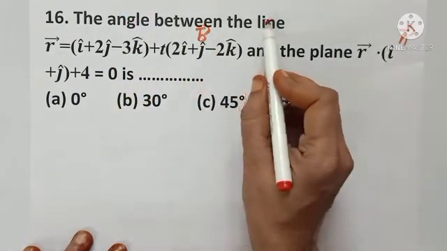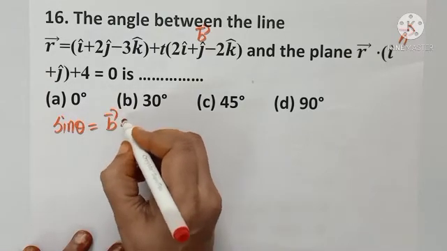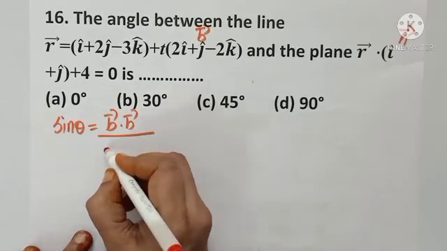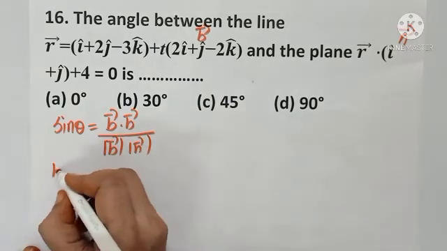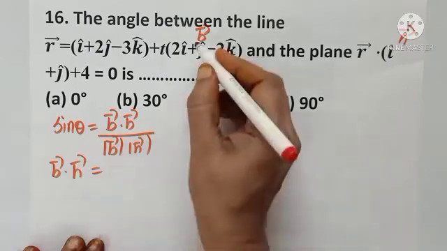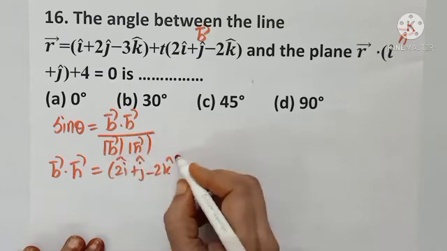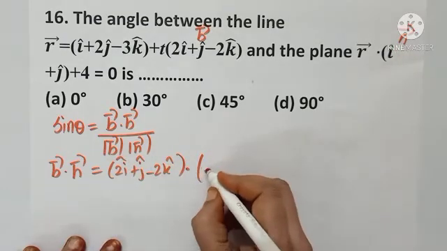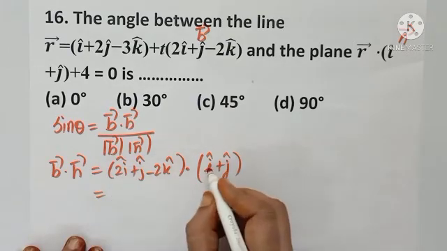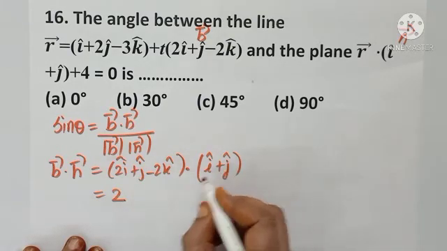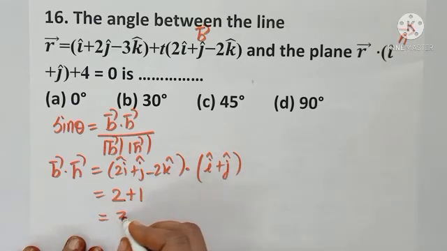Angle between the line and the plane, we say sin theta is B dot N divided by mod B mod N. Finding B dot N. What is B vector? 2i plus j minus 2k. Dot. What is N vector? It is i plus j. We know i and i 2, j and j 1, k is missing, so it is simply 3.